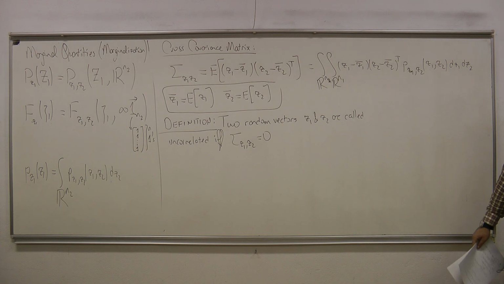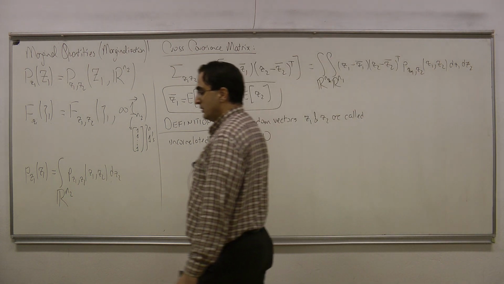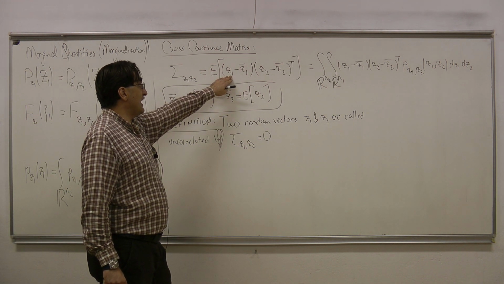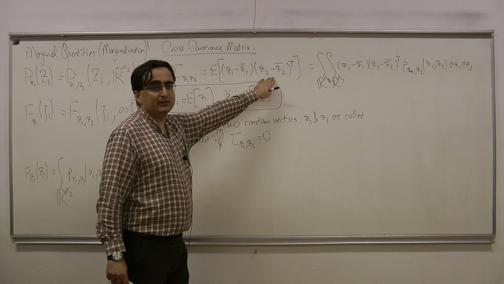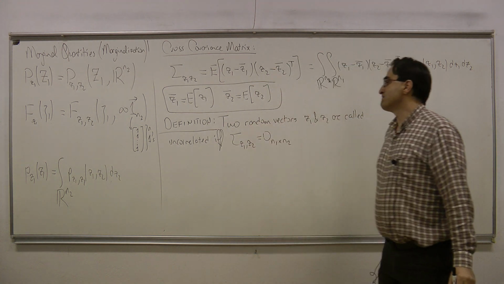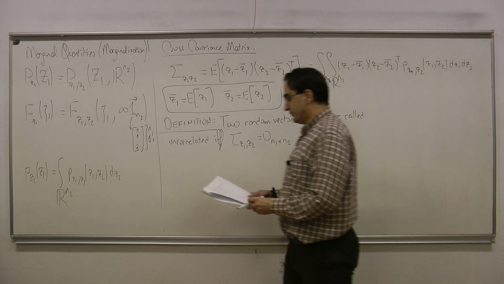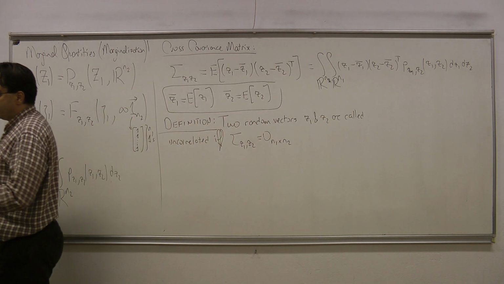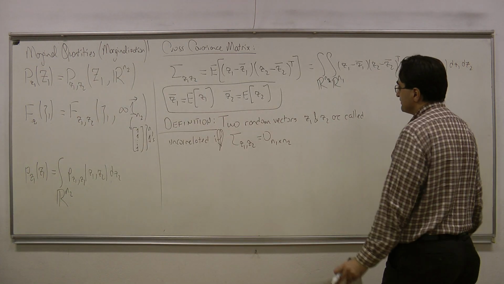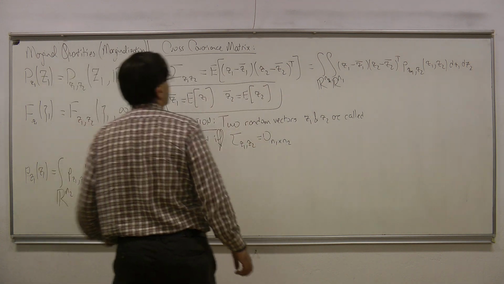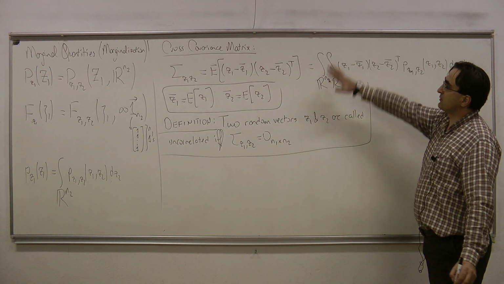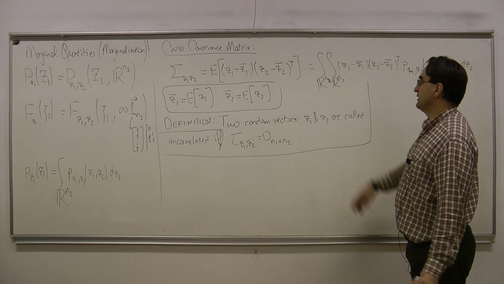By the way, what is the size of this matrix? Z1 has n1 elements, Z2 has n2 elements, so the size of this matrix is n1 by n2. Okay? So if this cross-covariance matrix is zero, then we call these random vectors uncorrelated random vectors.